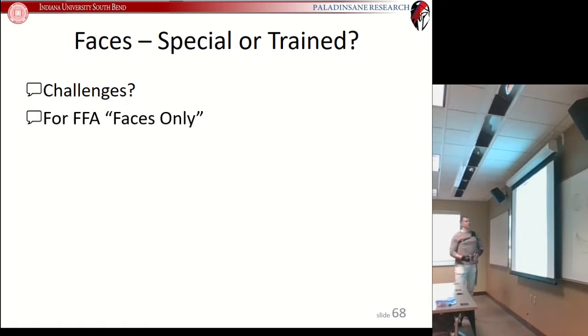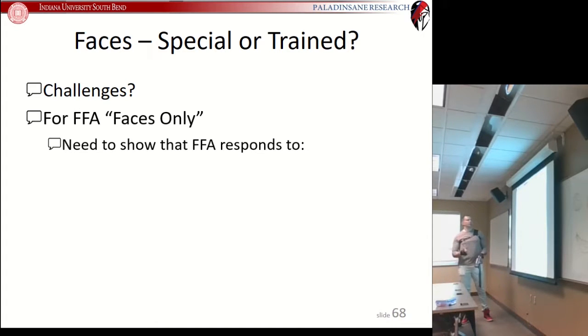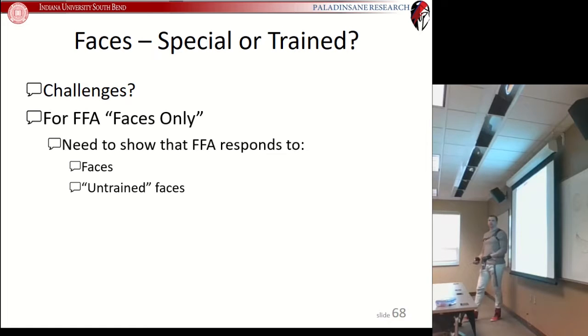All right, so challenges. If you wanted to show that the fusiform face area is for faces only, evidence that would point in that direction would be if you can show that the fusiform face area responds to faces, which it already does, so we already know that, and it also responds to untrained faces.